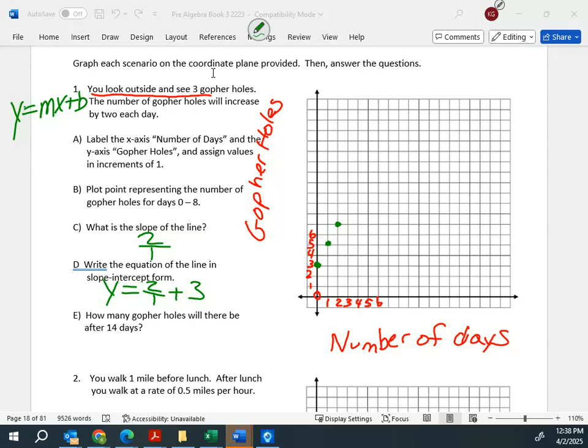Knowing what we know, we don't have to finish that graph. We just have to go days 0 to 8. But how many gopher holes will there be after 14 days? Whew. What do we have to do to find that? We're going to use that same equation, y equals, we know our slope is 2 over 1, times our x, which is the number of days, plus 3.